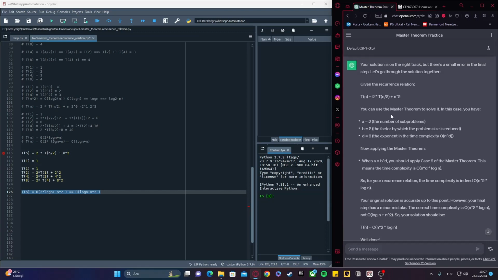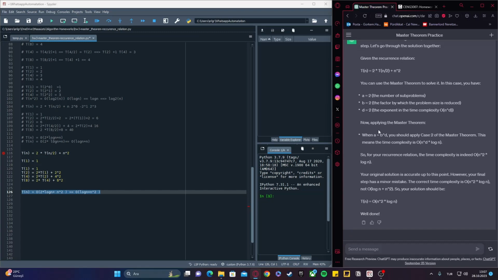The master theorem. Yeah, okay. I haven't used the master theorem here. We can actually. The time complexity is indeed n over 2 plus log n. Your original scenario is right up to this point, however, your final step has a minor mistake. The time complexity is n log n, not all.